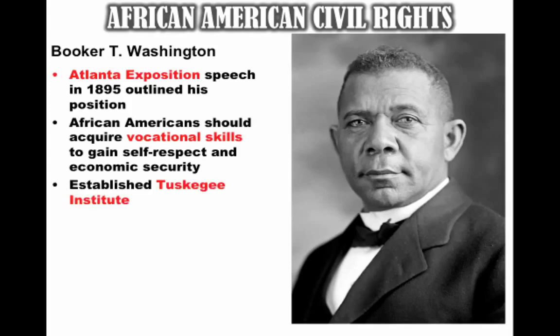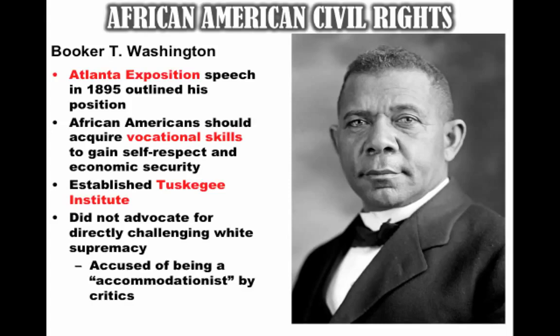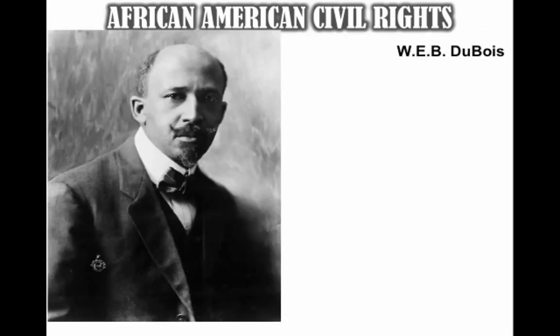To achieve this goal, he establishes Tuskegee Institute, and he is not going to be an advocate for directly challenging white supremacy. He felt that economic independence would eventually lead to political and social independence. And some of his critics, such as the guy we're going to meet in just a second, accuse him of being an accommodationist.